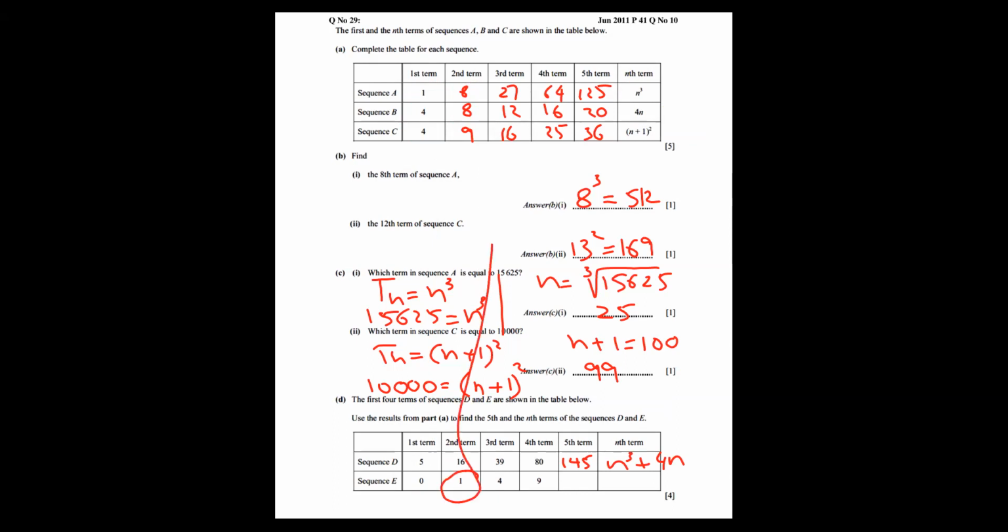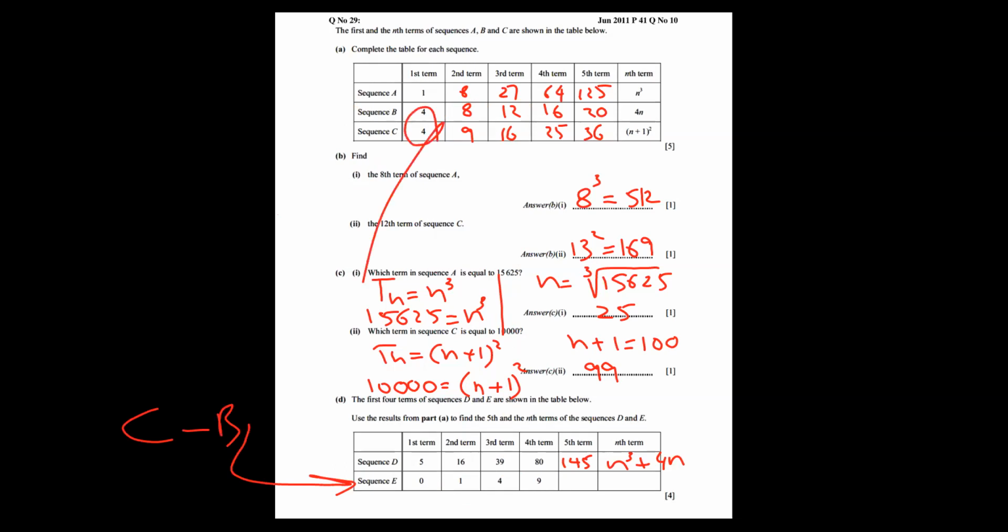This 1: 9 minus 8 is 1. 4: 16 minus 12 gives you 4. But make sure it is sequence C minus sequence B, not B minus C. That is wrong. C comes before and B later. So C minus B is the rule for this sequence.